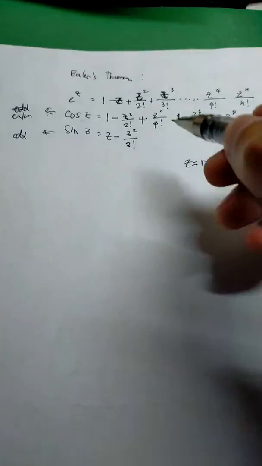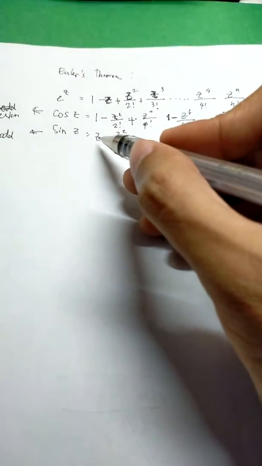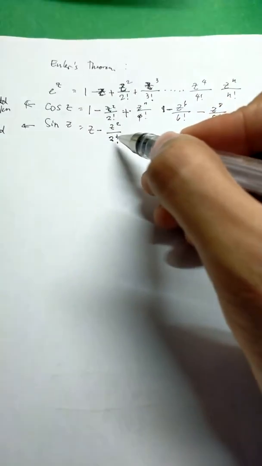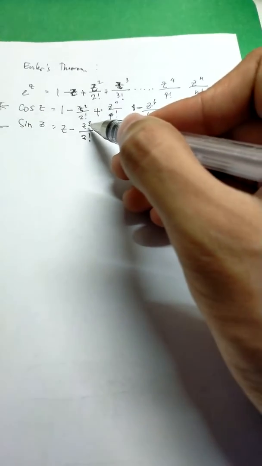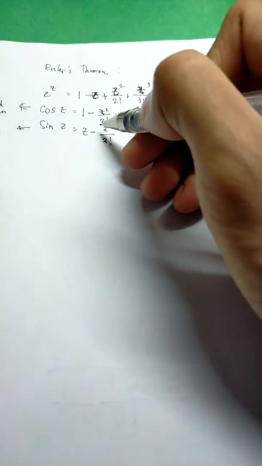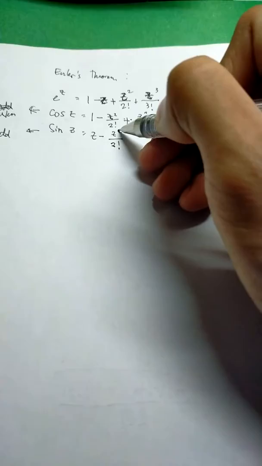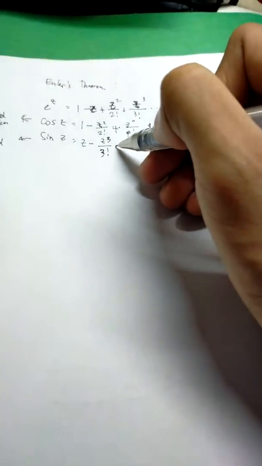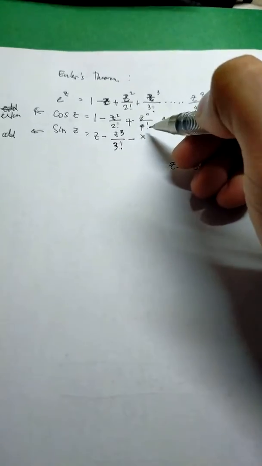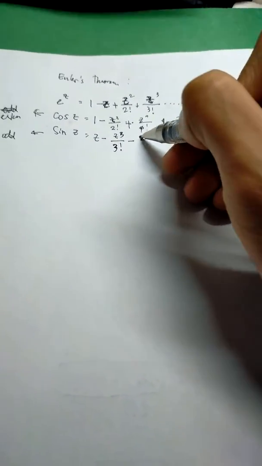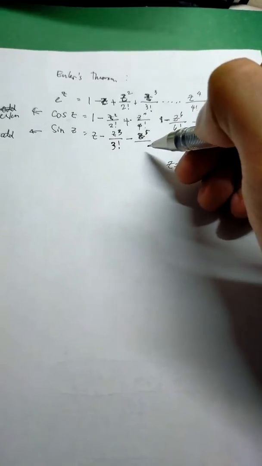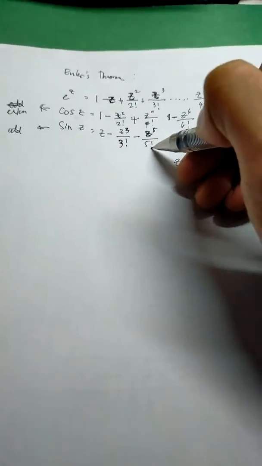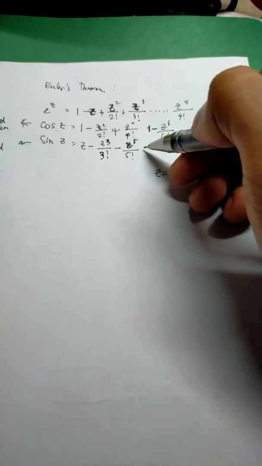Sa sine naman niya, we use the odd number. So ma-start kita sa z, sa constant, sa complex number natin, then z minus, syempre 1 na tada, so start kita sa 3, so this will be 3 exclamation, then minus z raised to 5 over 5 exclamation, and so on.